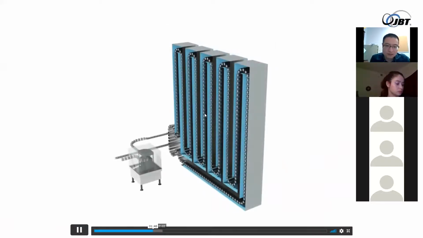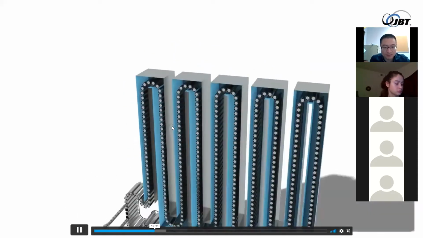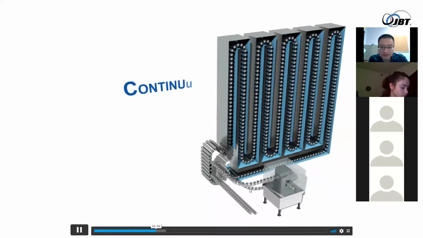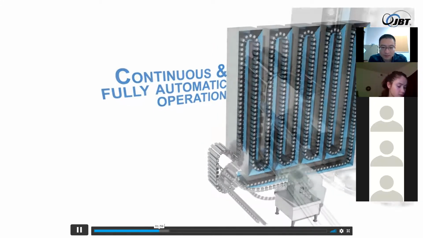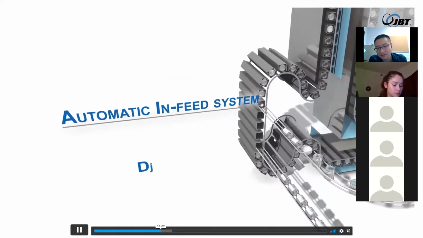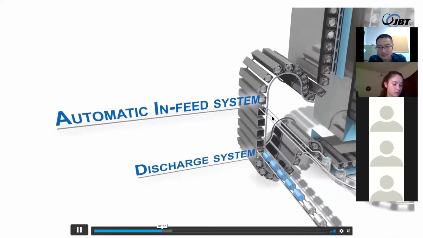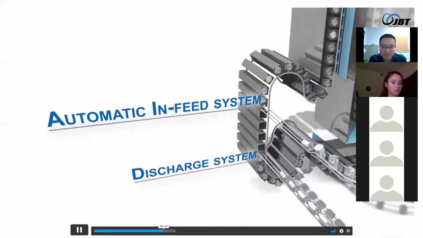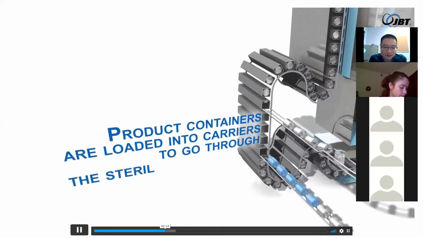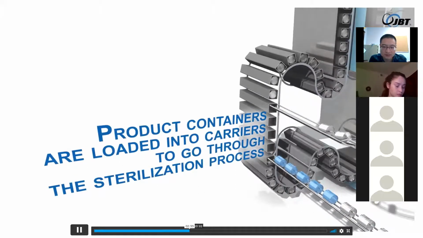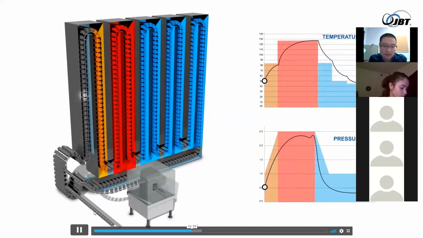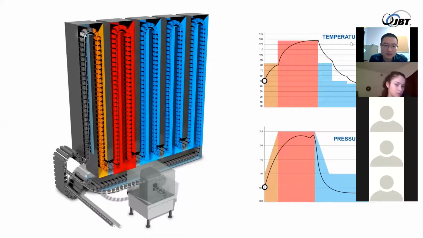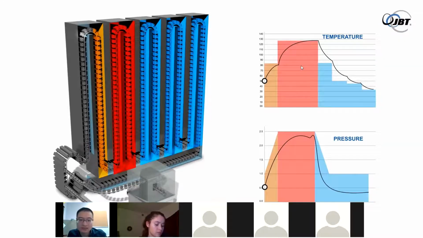Okay, so as you can see, this is a continuous system, and we have cans being filled, and then the cans will be loaded on those conveyors, right? Those conveyors can fit like 5 to 6 cans every time, and then they will be fed into the system. And in the system, you can see there are different color codes. Those different color codes represent different functional regions.